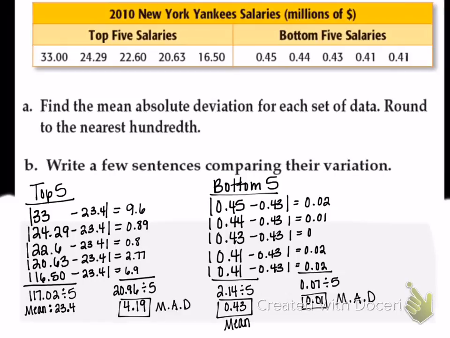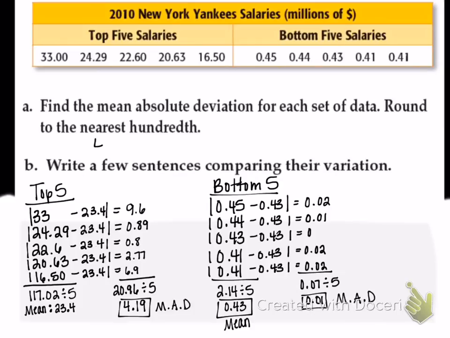The next part of the question asks you to write a few sentences comparing their variation. If you're going to compare their variation, you're going to be comparing the mean absolute deviation, because that is a measure of variation.